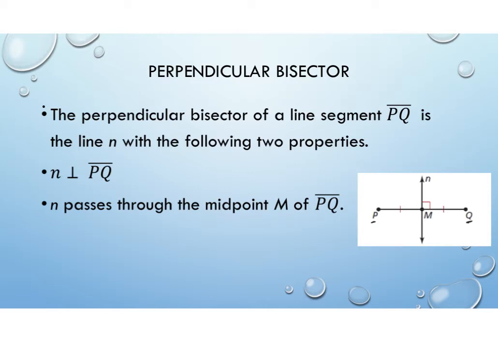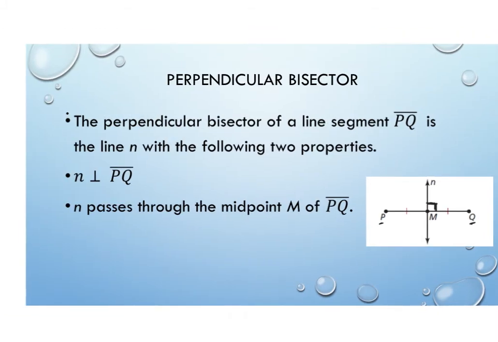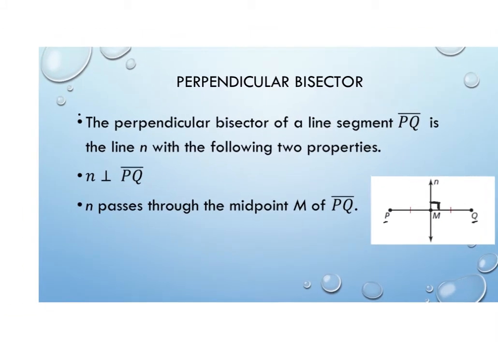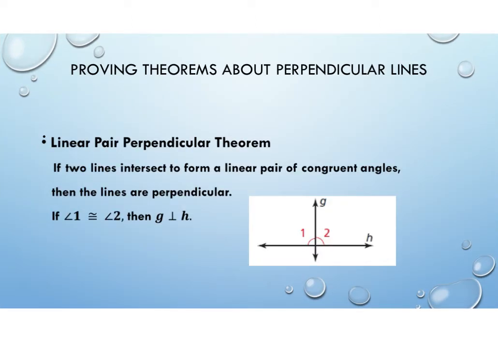At point M, it forms a 90-degree angle, which I just boxed in black. And it also passes through the point M, which is the midpoint of PQ. So it makes the distance between P and M equal to the distance between M and Q. That's what we call a perpendicular bisector.